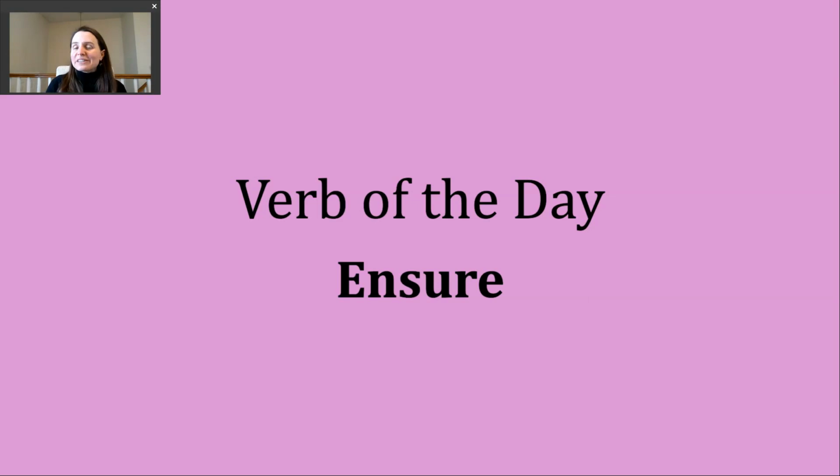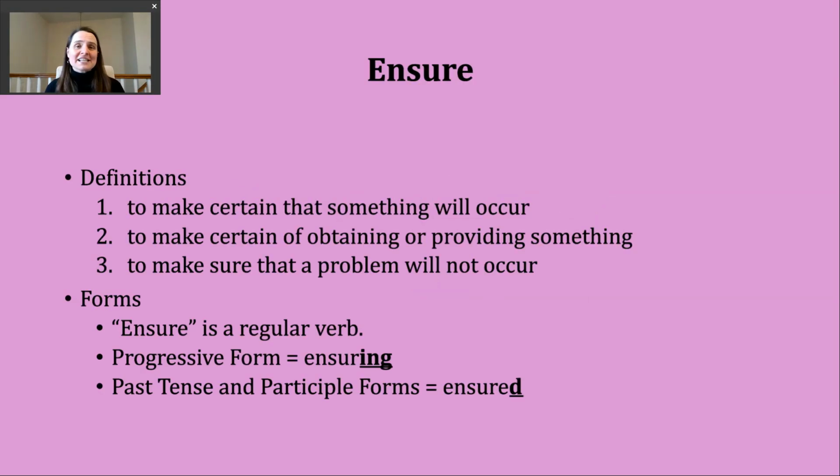Okay, so now let's take a look at some of the ways that we use the verb insure, spelled with an E. So the first way you might hear insure used is to mean to make certain that something will occur or something will happen. Let's look at the second definition here again. To make certain of obtaining or providing something.